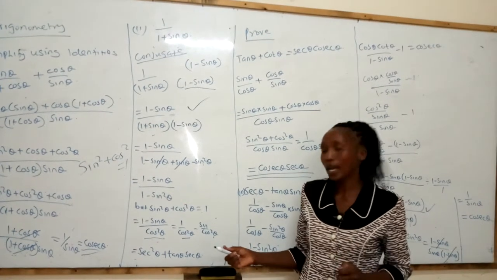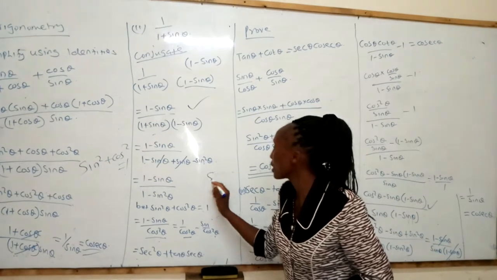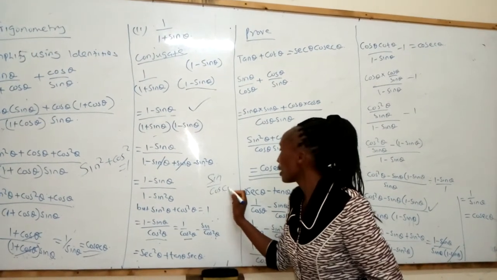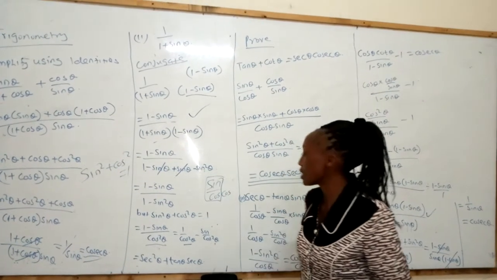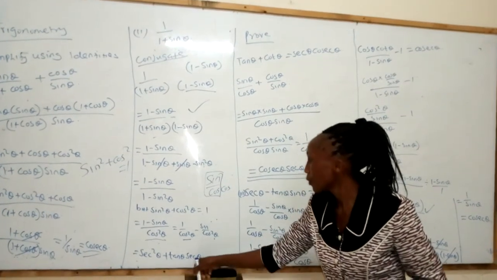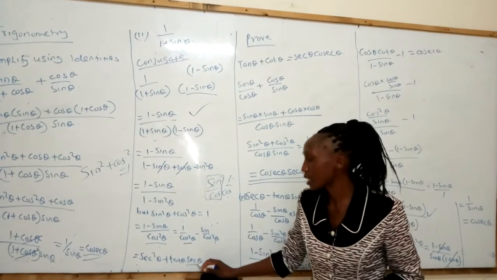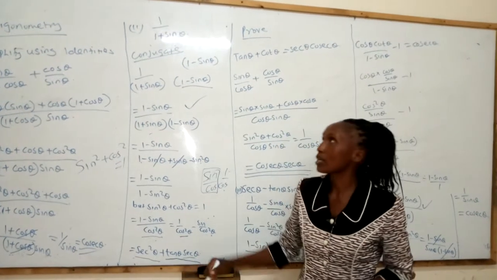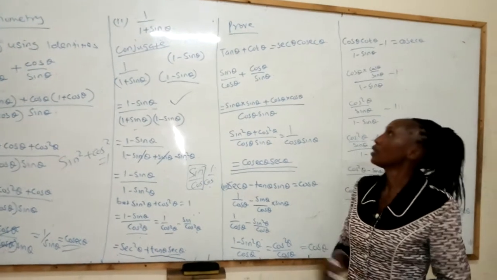So sine over cos and another cos gives tan theta times 1 over cos, which is sec. That's how we get sec squared theta minus tan theta sec theta. That is the answer for the second part concerning the conjugate. Let's go to another one.